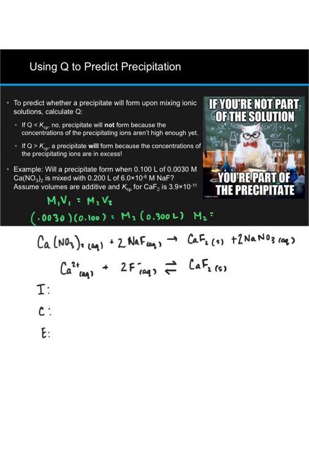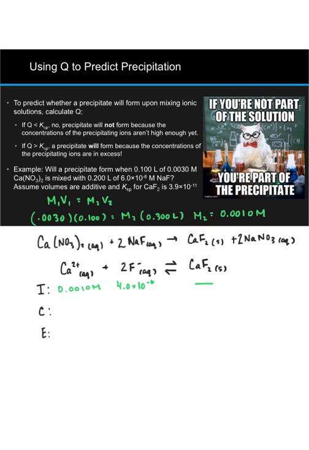For calcium, M2 is 0.001. We can do something similar to calculate fluoride ion's concentration initially upon dilution, and we end up with 4.0 times 10 to the minus 6.